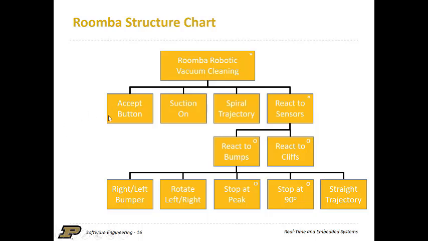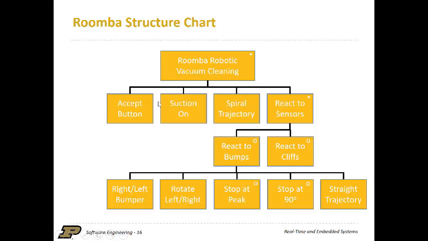And so again, same idea, accept the button. You could add more detail here if there were 3 buttons, and they would be conditional possibilities: accept the small button, accept the medium button, accept the large button, right?